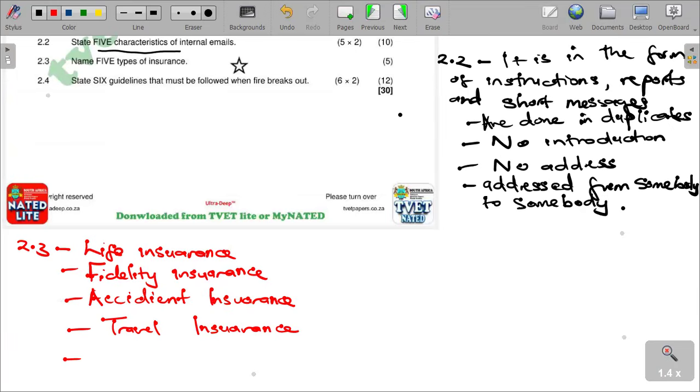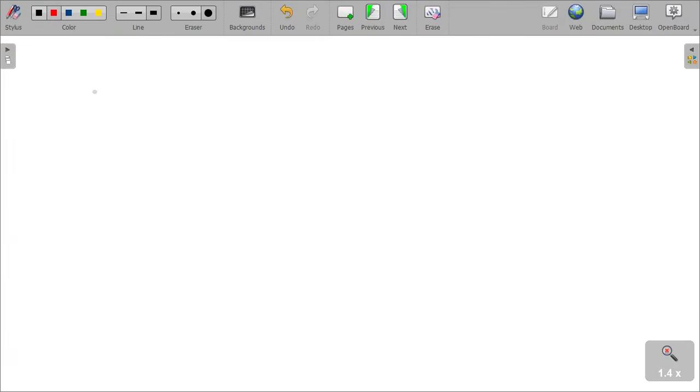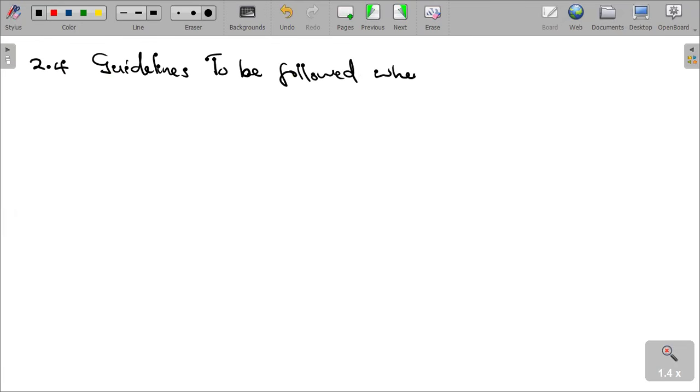Let's move on to question 2.4. State 6 guidelines that must be followed when fire breaks out. Right.